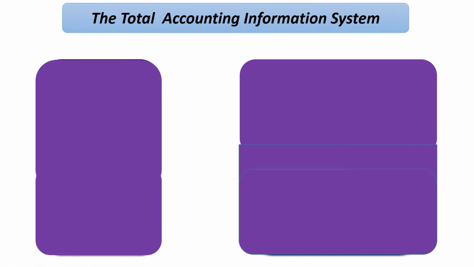The total accounting information system. An organization's accounting information system has two major subsystems: a management accounting system and a financial accounting system.